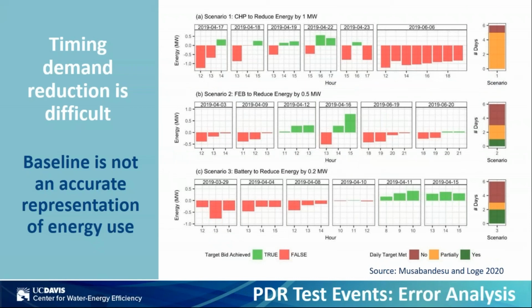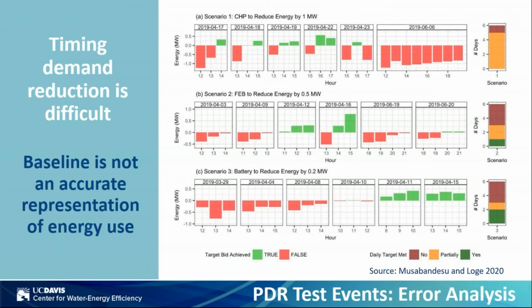This figure here is just more explicitly showing what I've already talked through. So the first row here is the CHP test events. The second is the FEB test events, and the third is the battery test events. And this is showing the energy error between the actual energy load and the targeted energy load.